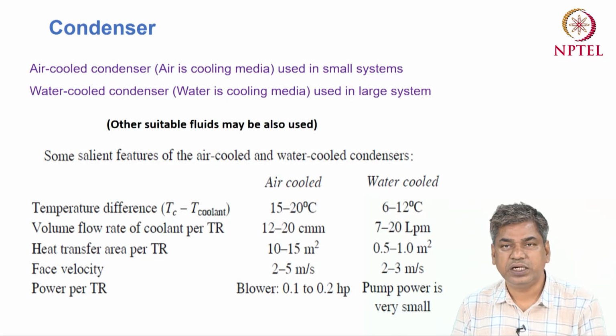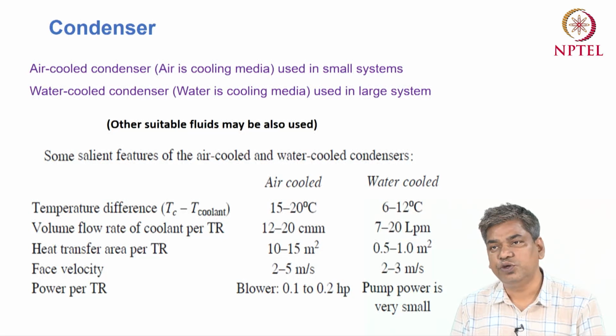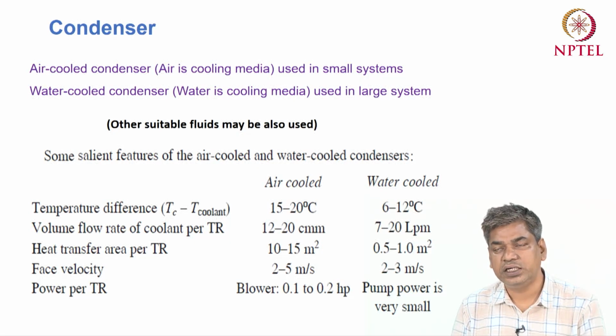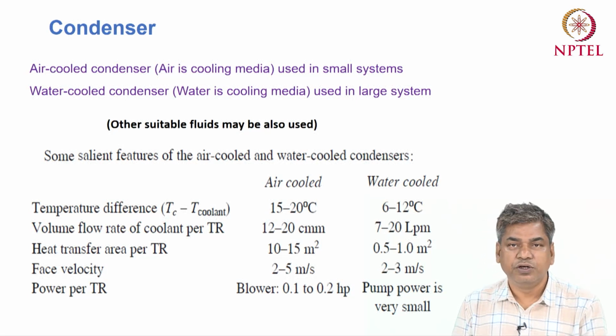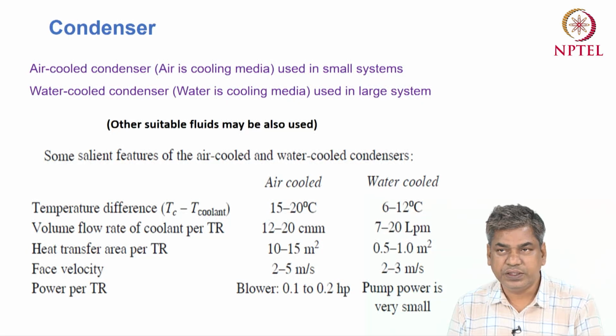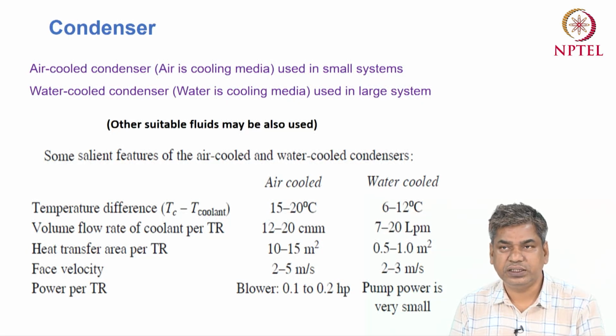Similarly, the heat transfer area per ton of refrigerant is also very small for the water cooled condenser, and that is due to the higher heat transfer coefficient of water. And the face velocity is nearly the same for both cases.